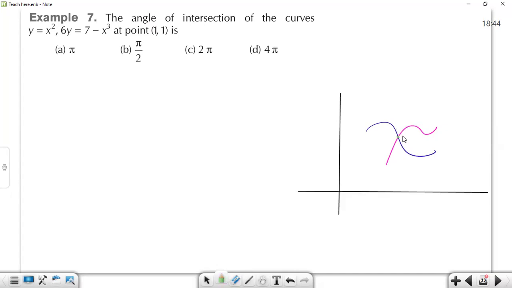So what we will do is simply take the tangent of the first function here, and we'll take the tangent of the second function, like this. Then we will find out the angle between these two tangents, and that would be equal to the angle between these two curves. Is this concept clear to you?